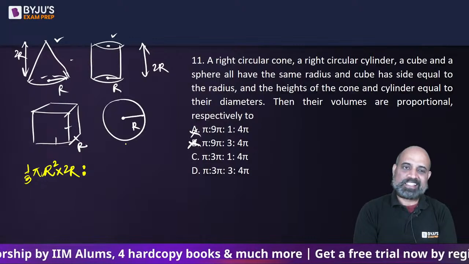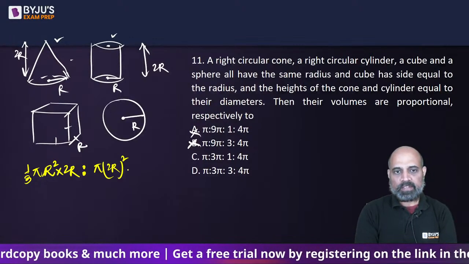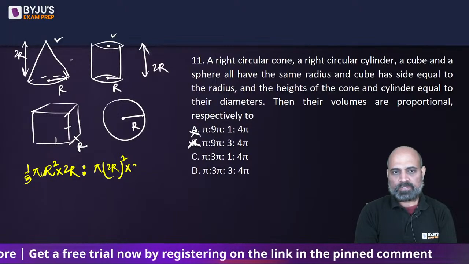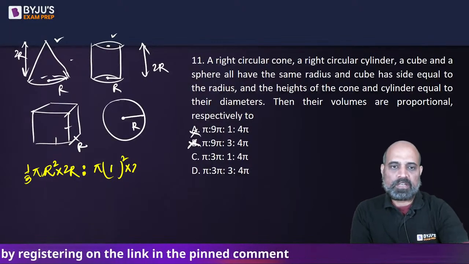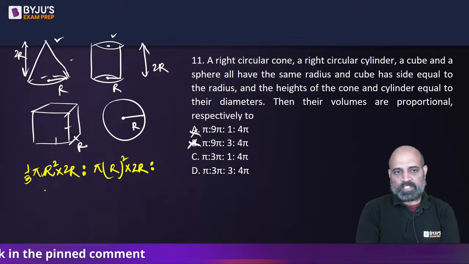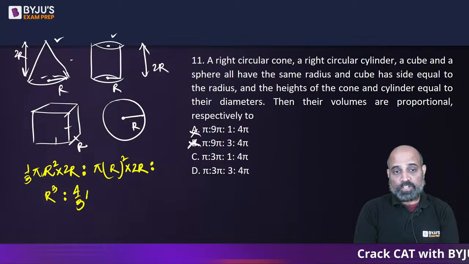Volume of the cylinder is going to be pi r square h. Sorry, r is this, no? r square h. Volume of the cube is going to be r cube, and the volume of the sphere is going to be 4/3 pi r cube.